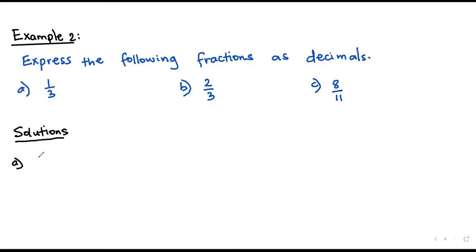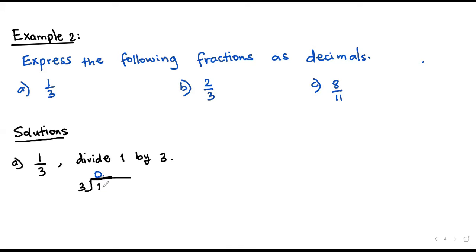For part A, we have 1 out of 3. This means that we should divide 1 by 3. So what do we get, 1 divided by 3? We cannot, so we have to write 0 and a point.